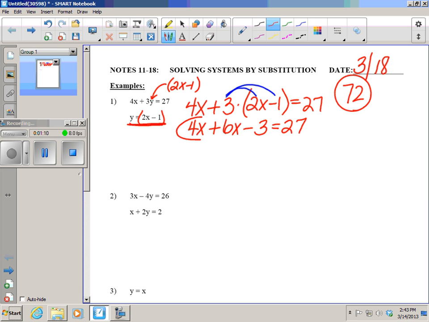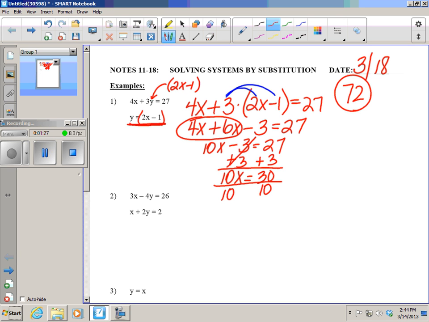Combine my like terms so that I have 10x minus 3 equals 27. Add 3 to both sides. So 10x equals 30. Clear my coefficient, and I have x is equal to 3.